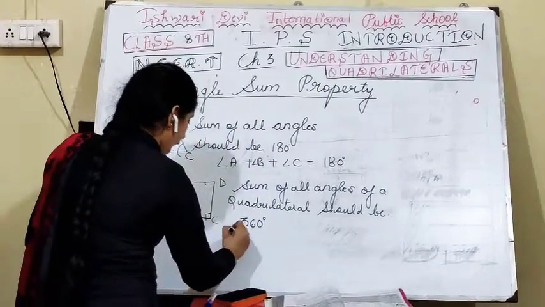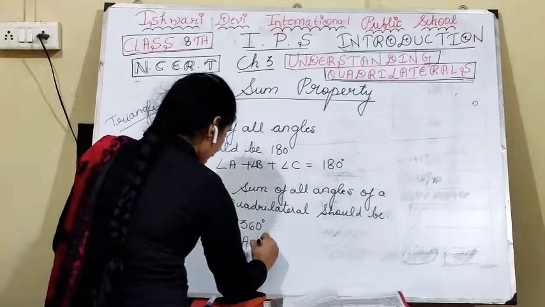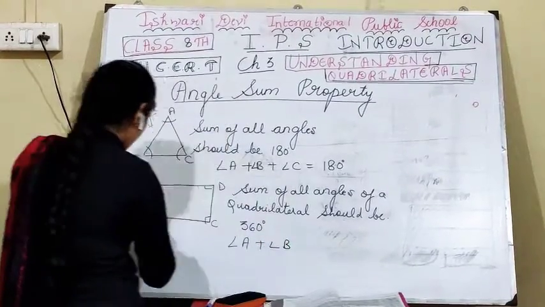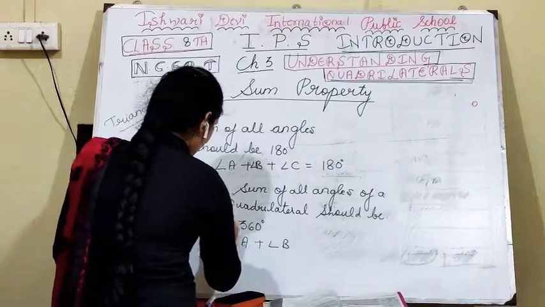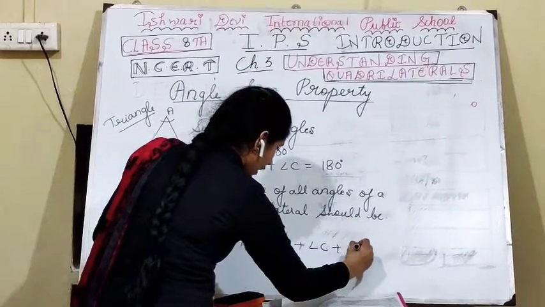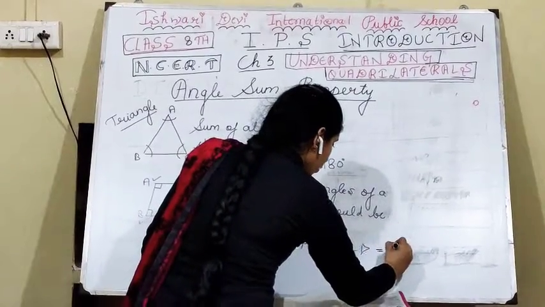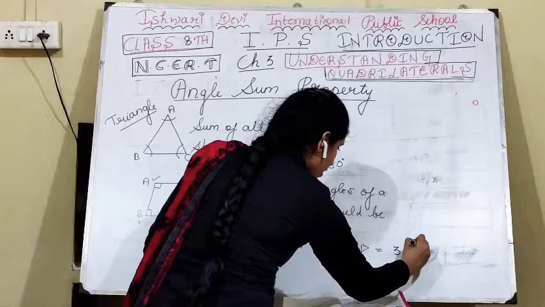That means angle A plus angle B plus angle C plus angle D should be 360 degrees.